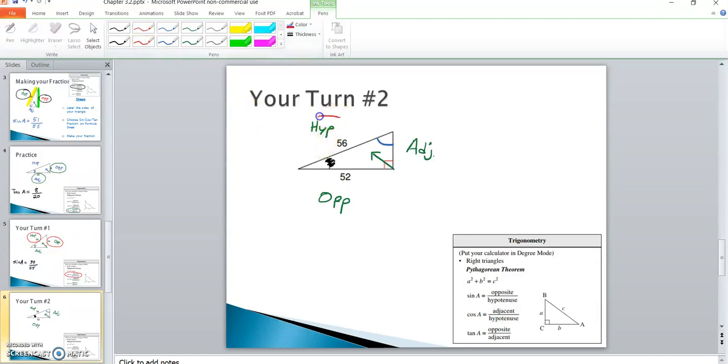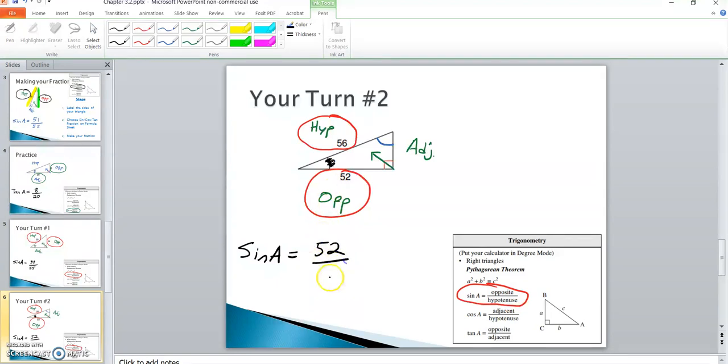Then I'm going to circle the two sides with numbers. And I have my opposite and my hypotenuse, which is right there. I copy out the first part on the left, and my opposite is 52, and my hypotenuse is 56.